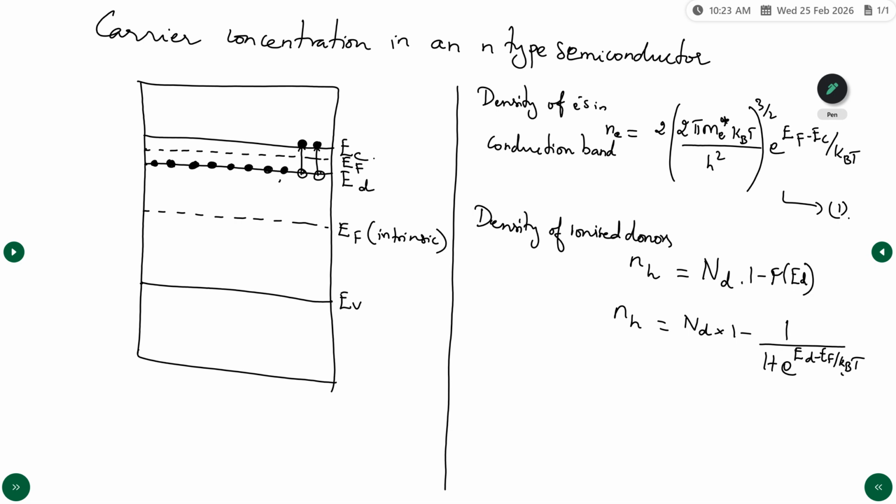But here Ed minus EF is less than kBT. Therefore, e power (Ed minus EF) by kBT is less than 1. Before that, you have to take the LCM here.